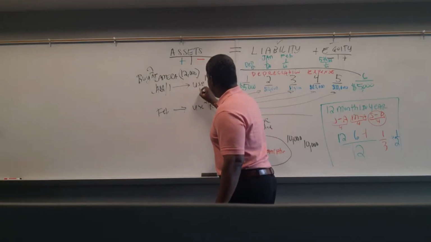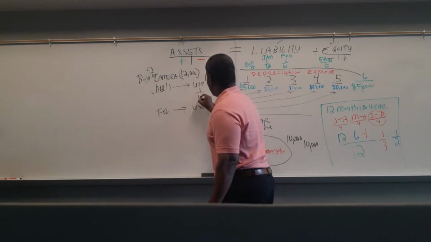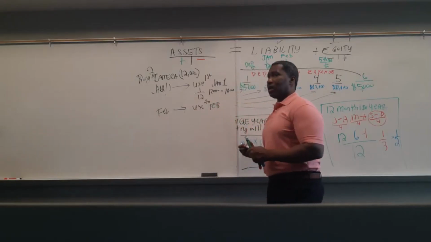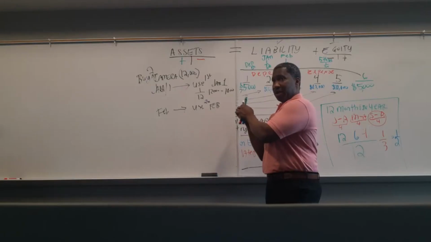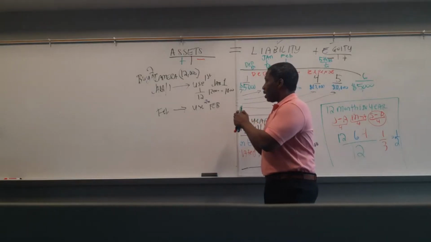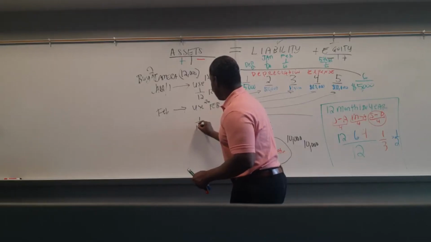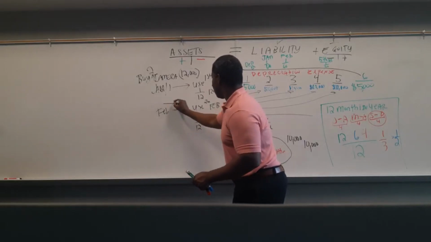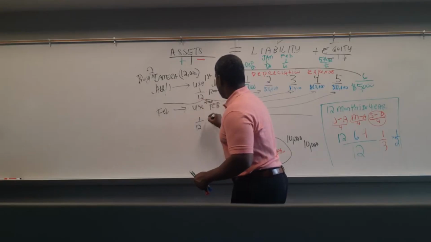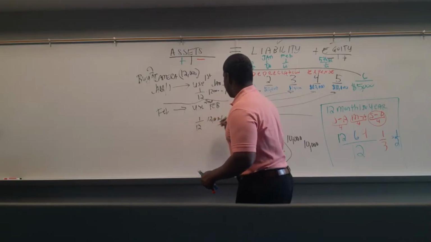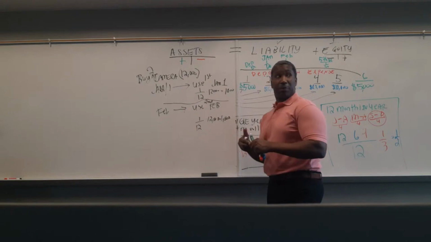So I would use it for 1 out of the 12 months times 12,000, which will give me $1,000 of depreciation expense for that month, okay? If I start using it in February, this is a totally separate one. I have 1 out of 12 months times 12,000 again for $1,000. That's depreciation expense.